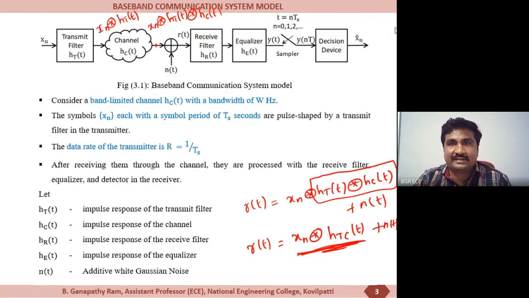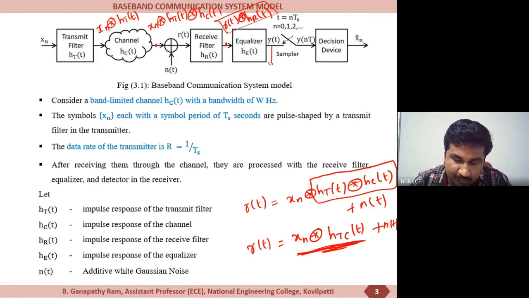So while coming across several blocks, it is being converted into different forms. So at the output of the receive filter, R of t is convolved with hr of t. Because here all the impulse responses and the systems are assumed to be linear time invariant systems. That's why the convolution process is occurring on each and every block. So this R of t convolution with hr of t is given to the equalizer as an input.